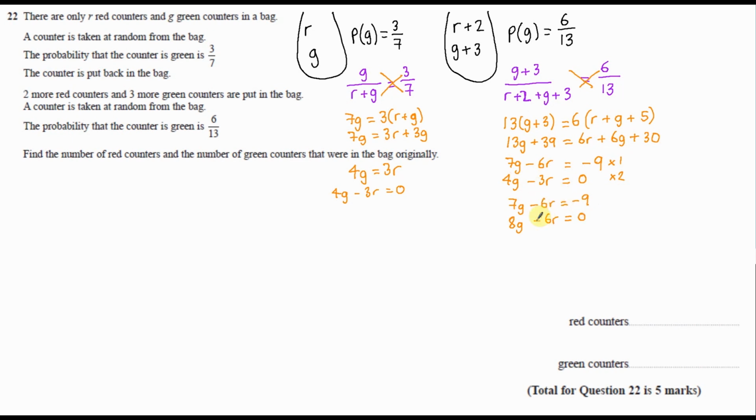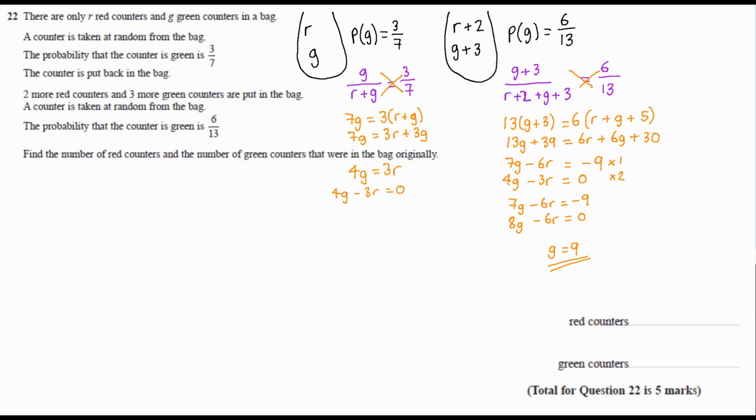And then in order to nullify these, you've got to subtract them, because minus 6 minus minus 6 will give you 0. So if we do that upwards, it might make a bit more sense. 8G minus 7G leaves us with 1G. Minus 6R minus minus 6R will leave us with 0R. And 0 minus minus 9 leaves us with positive 9, so we're left with G equals 9, and that will tell us how many green counters there are.